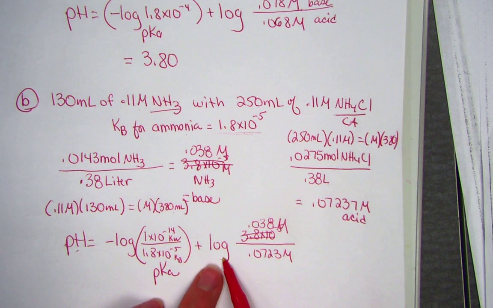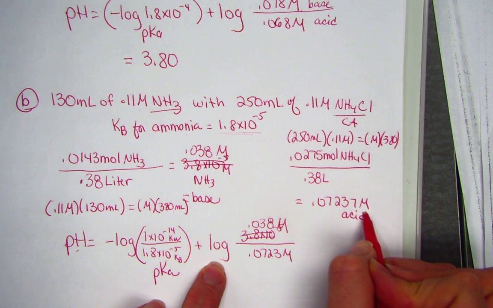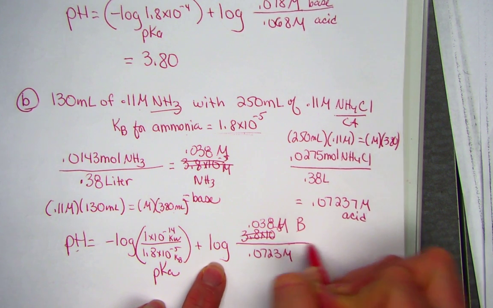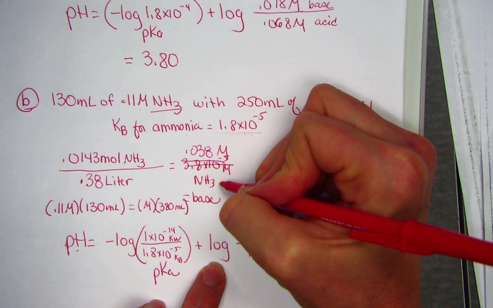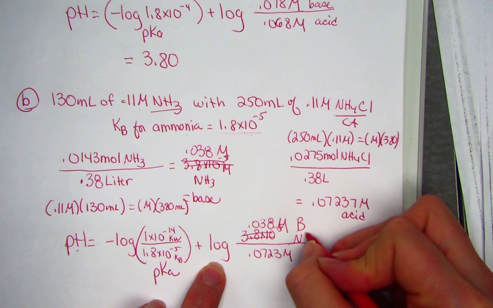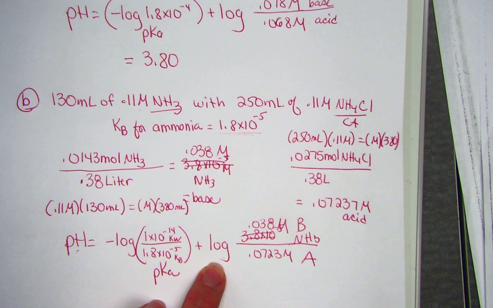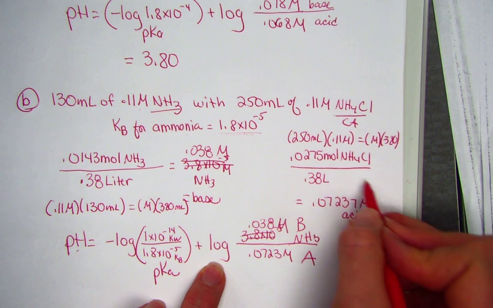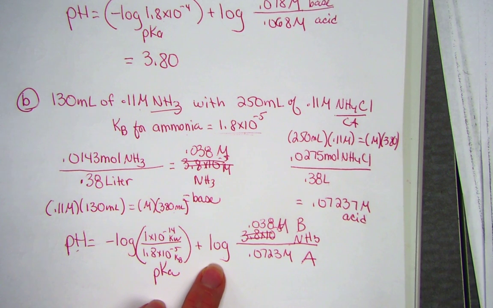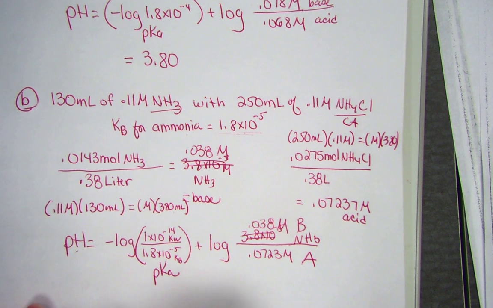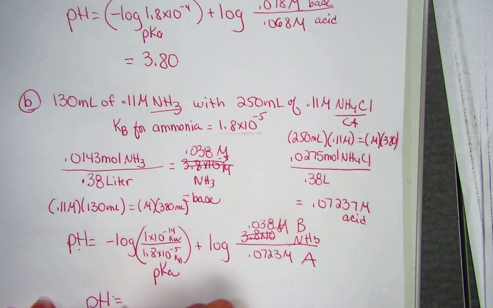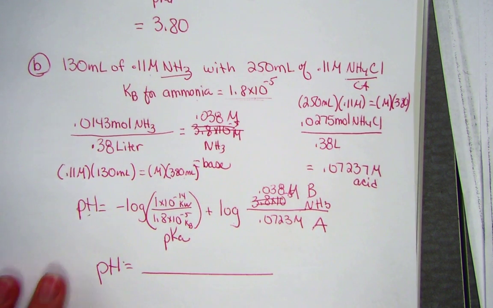Plus the log of the ratio of base over acid. The base is ammonia. Its concentration 0.038. The acid concentration 0.723 molar. Hit that out and you'll find the pH of your solution.